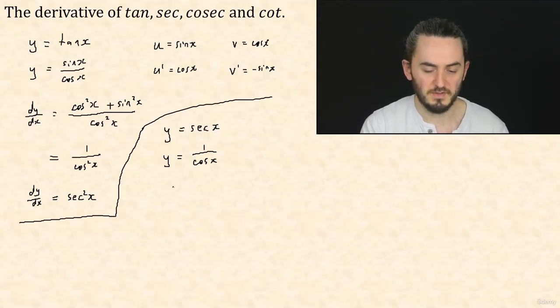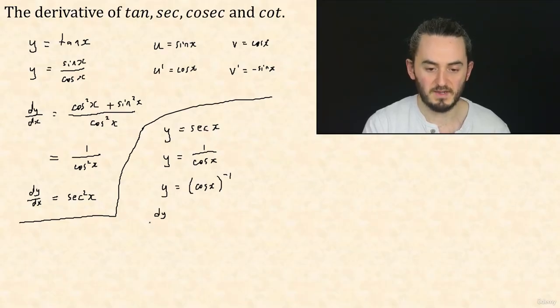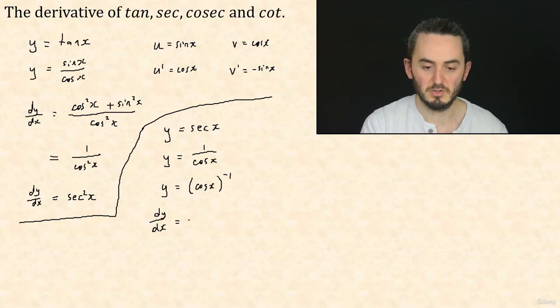Quite a nice way to think about this is as y equals cos x to the power of minus 1. And what we can actually do is use the chain rule, because I've got stuff to the power of n. And when we've got some stuff to the power of n, our derivative is found by simply multiplying the power to the front.